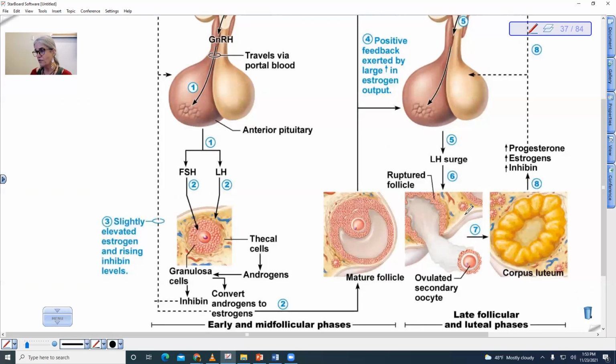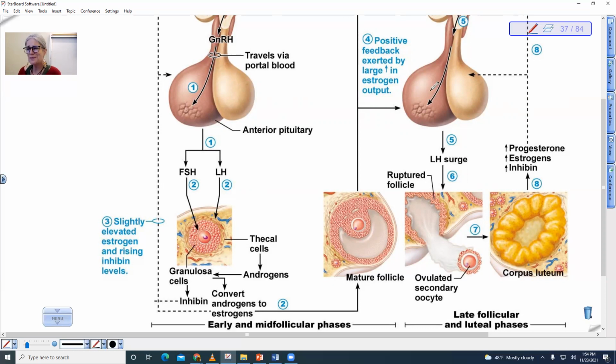from the ovary. Now, if this doesn't work just right, then some women develop polycystic ovaries, where the ovaries never release the oocytes, and that can be a sign of hormone imbalance in the body, and it's associated with other problems that females have, like weight gain and acne and that kind of stuff.